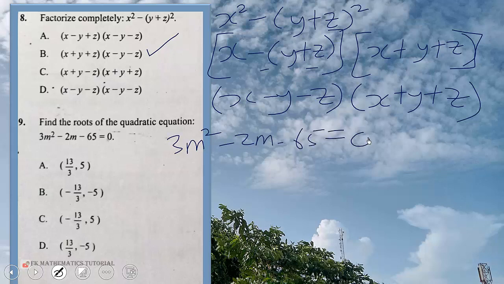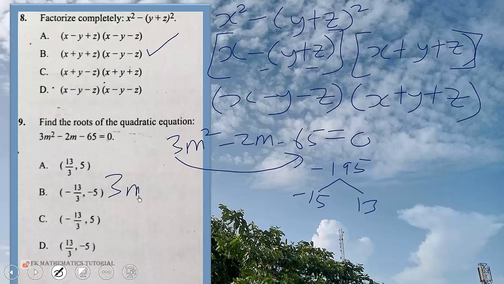When we multiply 3 by 65, we get negative 195. Two factors of negative 195 that, when we add, we get negative 2, will be negative 15 and 13.